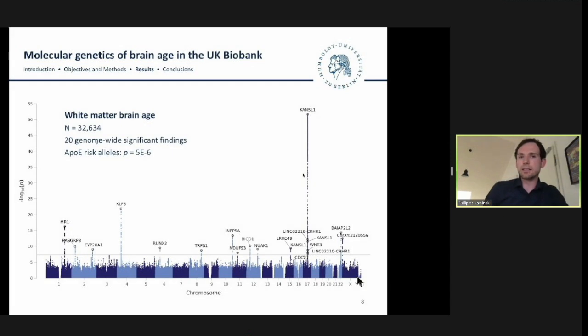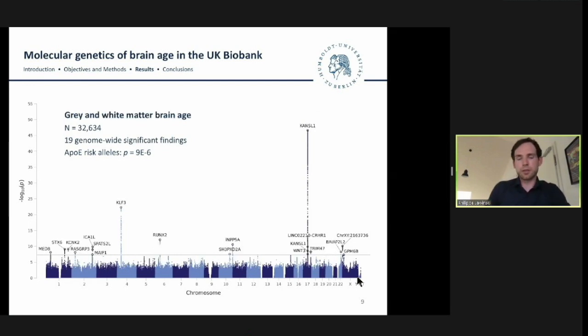Just to give you an idea of the effect size, this variant here accounted for about 0.7% of the variance in brain age, which is a very large effect in the field of complex trait genetics. Again, for the combined gray and white matter brain age estimates, we discovered 19 genome-wide significant findings. And this locus here was again the strongest.